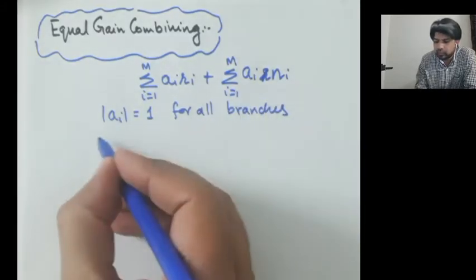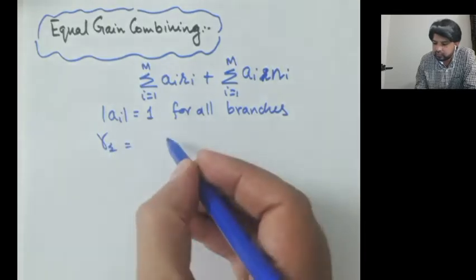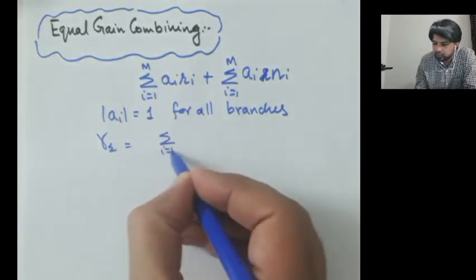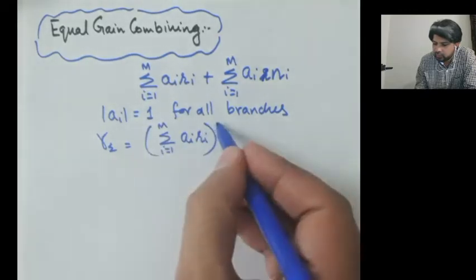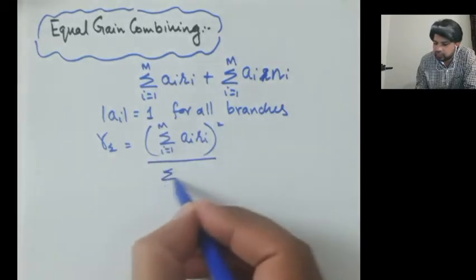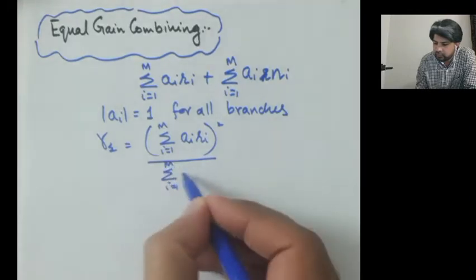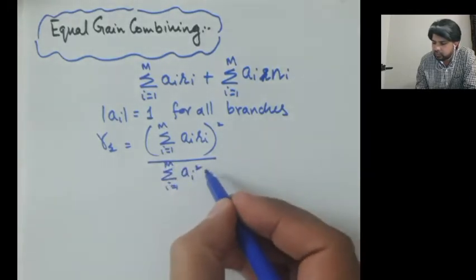That would mean that your gamma sigma is equal to summation i equals 1 to capital M of A_i R_i, whole squared, divided by summation i equals 1 to capital M of |A_i| squared N naught.